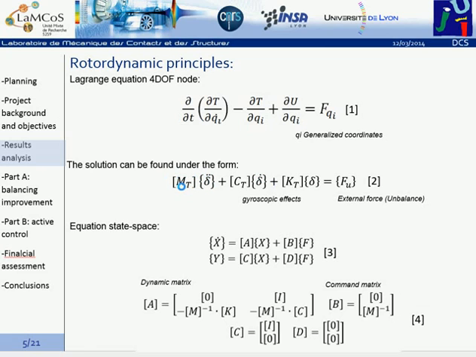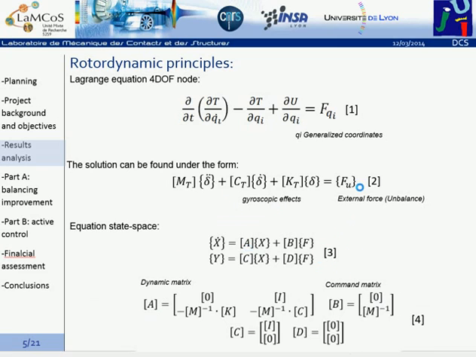The matrices are the mass, damping, and stiffness matrices, in which gyroscopic effects are also considered. The external forces are here on the right, which are caused by unbalance. And in order to aid the resolution of this system, usually we use state space representation, in which we obtain the dynamic matrix and the command matrix in function of the different matrices shown above.